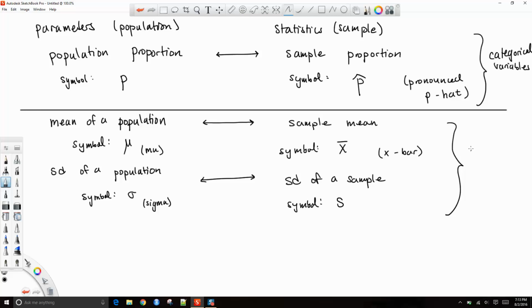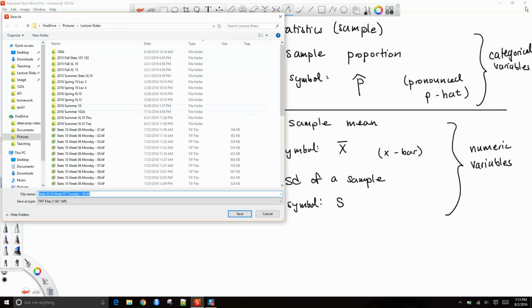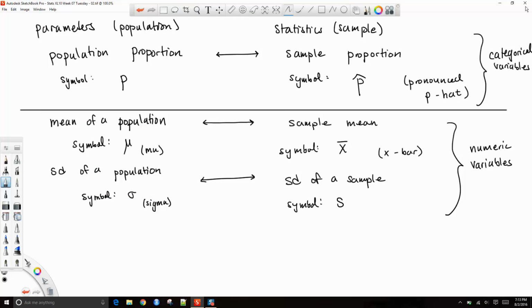And these things down here are for numeric variables. All right, so far so good?